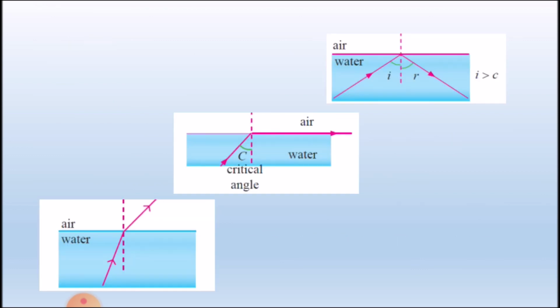These are some pictorial representations of total internal reflection. The middle image shows the critical angle, and the image at the top right-hand corner shows total internal reflection, where the angle of incidence is greater than the critical angle of the given medium.